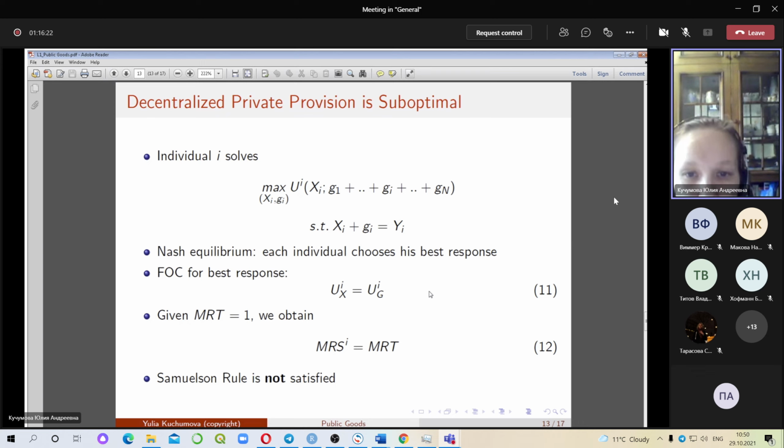If you do that, one way is to plug the budget constraint into the utility function and then take the derivative with respect to, say, xi. You will end up with the following first order condition: the derivative of ui with respect to x equals the derivative of ui with respect to g.